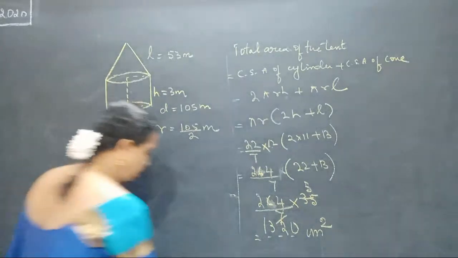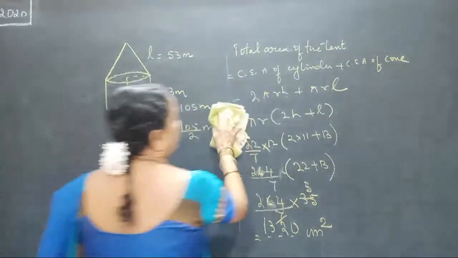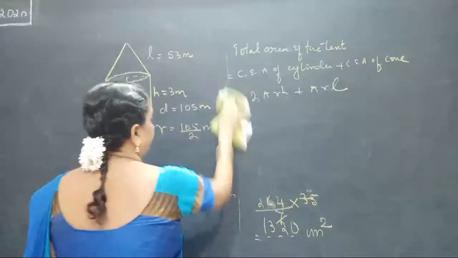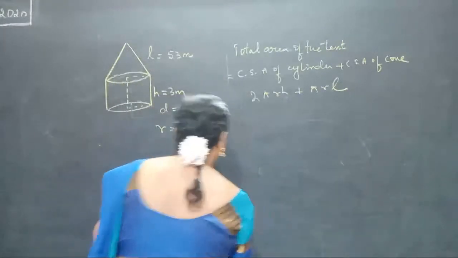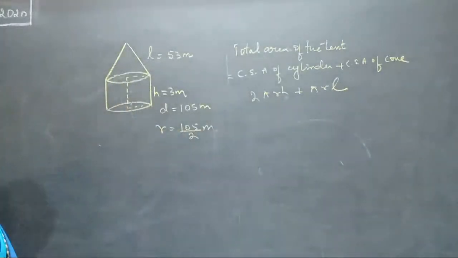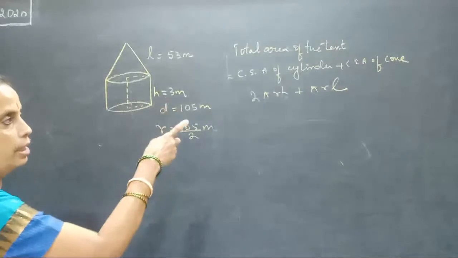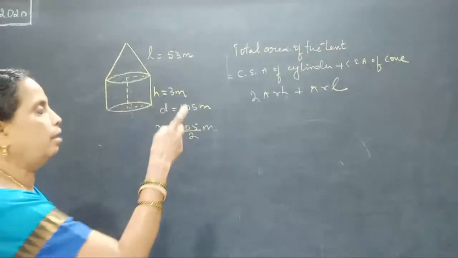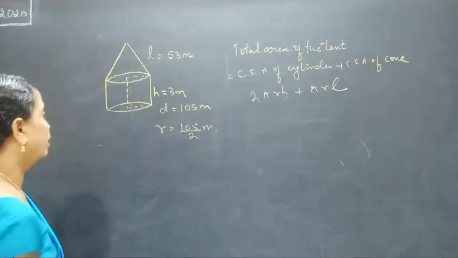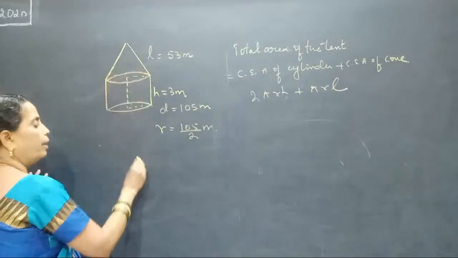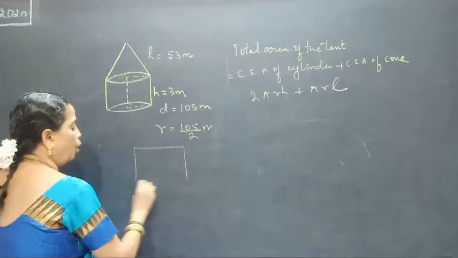Please take the figure and remaining part, up to here it is same. Total area of the tent equals curved surface area of the cylinder plus curved surface area of the cone. They have given, when we calculate, you will get the area of the cloth required.